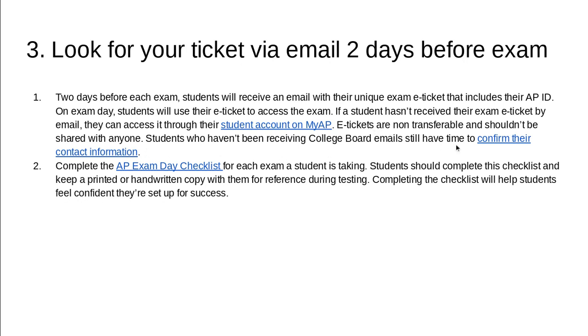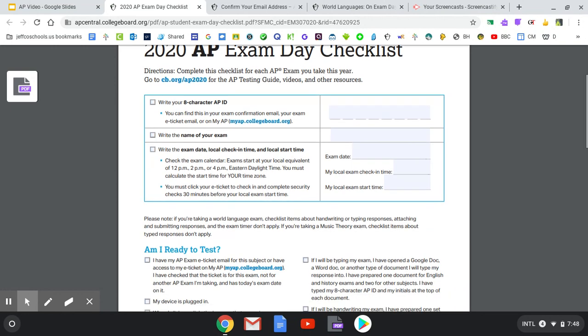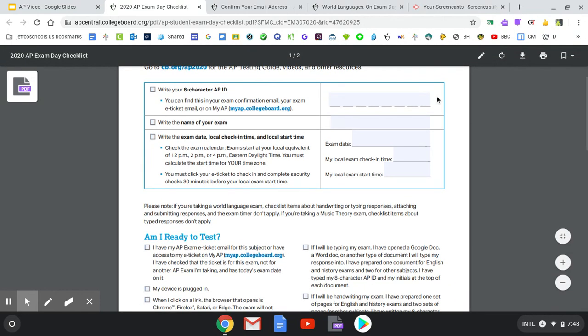And again, here's another link to the same site where you can check to make sure they have your correct email address. Complete the AP exam day checklist for each student you are taking. And this is a little handy checklist that the AP College Board has put out to make sure you've got your 8-character AP ID. The name of your exam is AP Spanish Language and Culture.